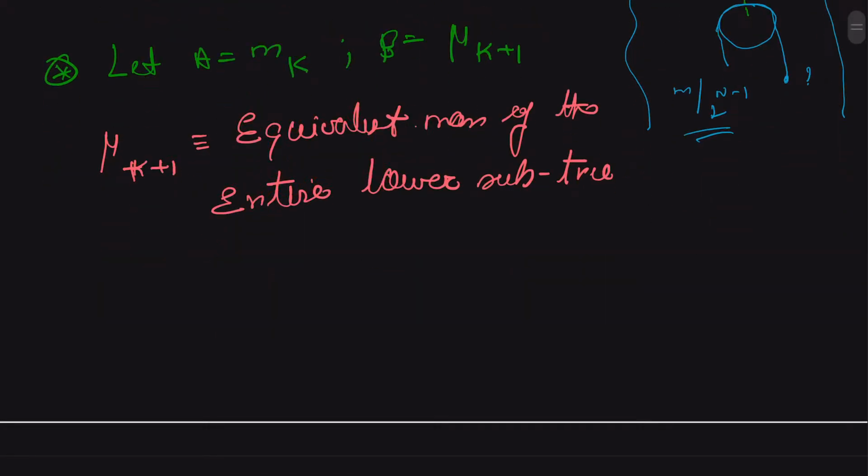So if the equivalent mass is mu k plus 1, therefore from here we can write that the force with which this subtree will be pulled downward will be mu k plus 1 times g. Therefore we can say that mu k plus 1 times g is the weight of the subtree.